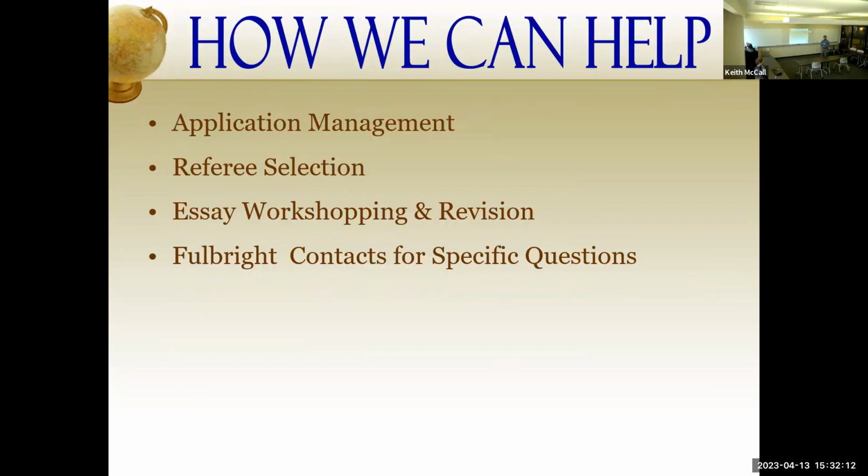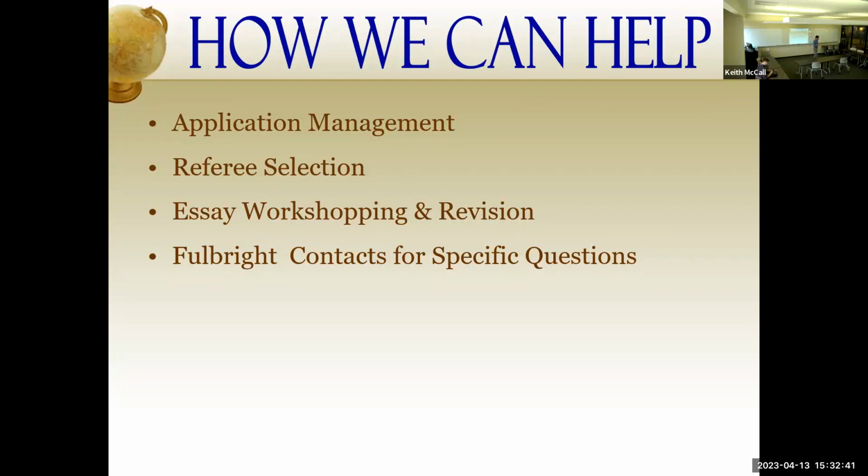But we can certainly help you with the application management. If you're stuck anywhere in the actual application form, we can help you go through that, and make sure that you are getting all the moving parts together as you need to. We can help you think through who those recommenders would be, so you don't have to come up with that on your own. We can help you strategize who would be your best recommenders. We're happy to talk with you about the possibilities and to think through how your application is shaping up and what it might be good to have a recommender be able to speak to in that application.